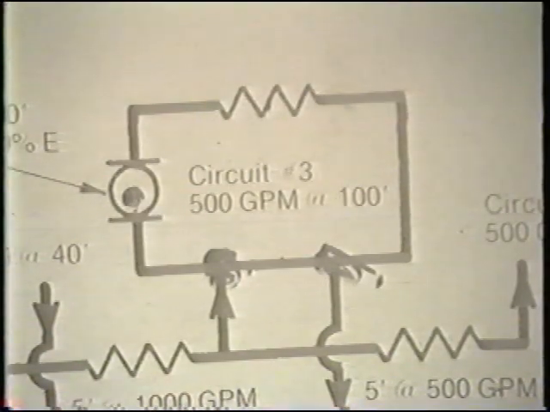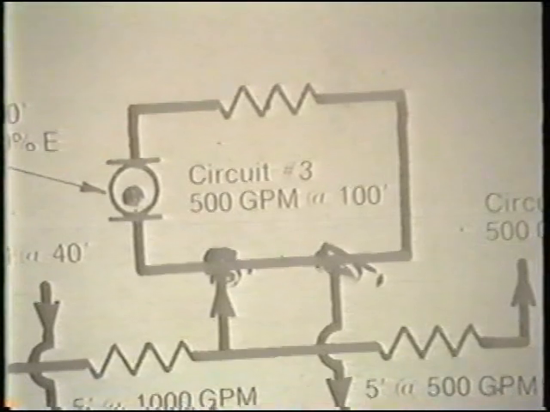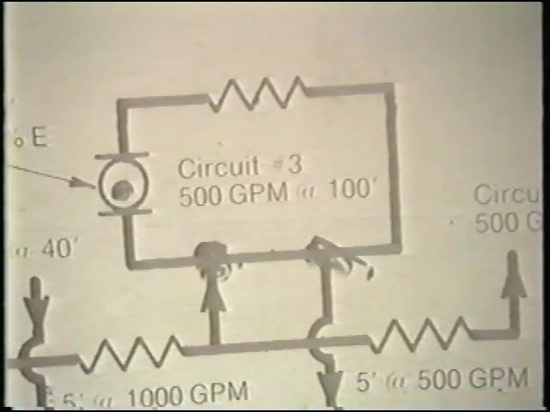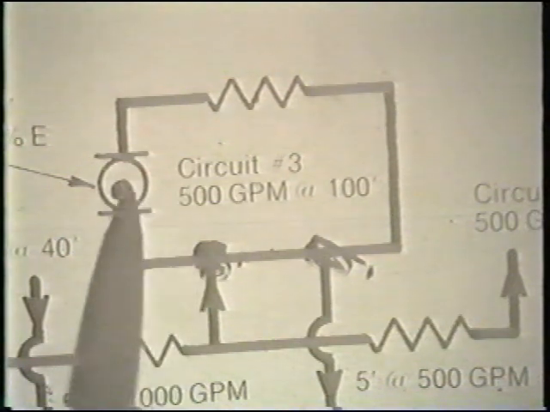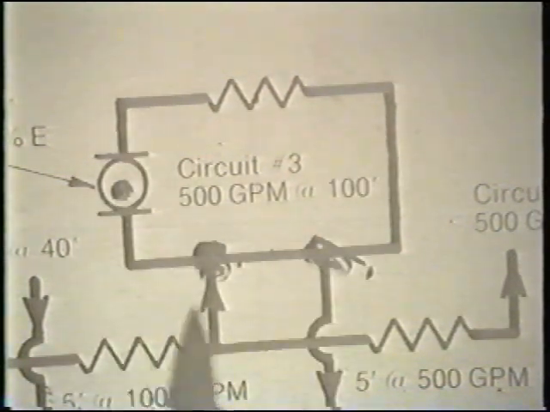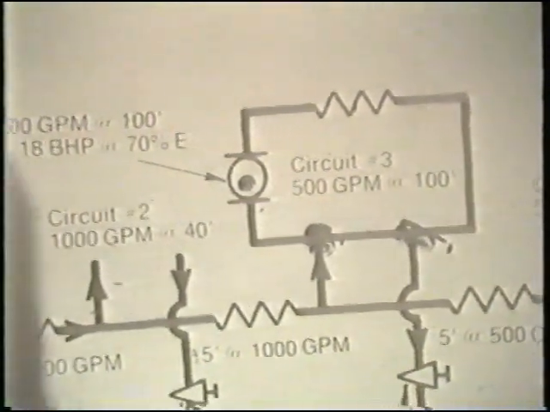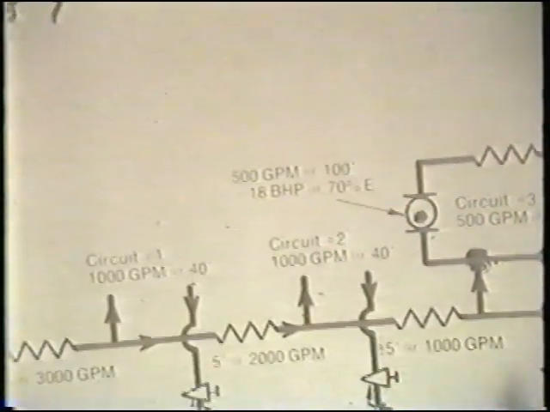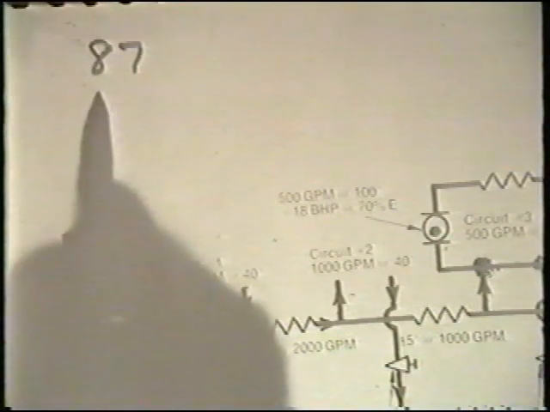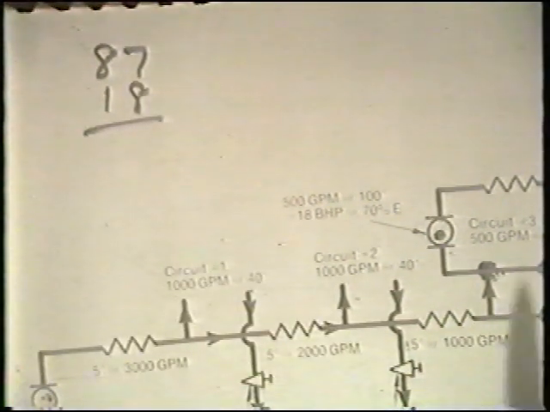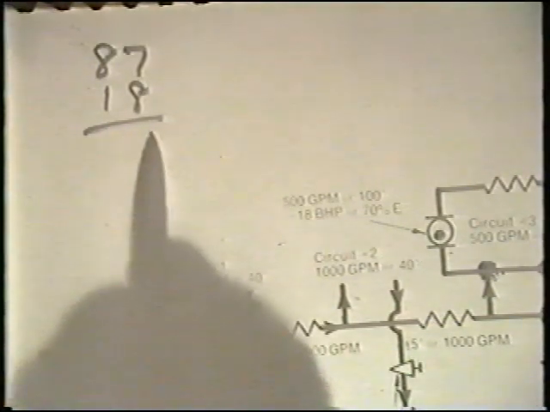Of course, we must add to the 87 horsepower need for the primary pump the 18 horsepower need of the secondary circuit. So we would have 87 horsepower for the primary pump plus 18 horsepower utilized in the secondary circuit.